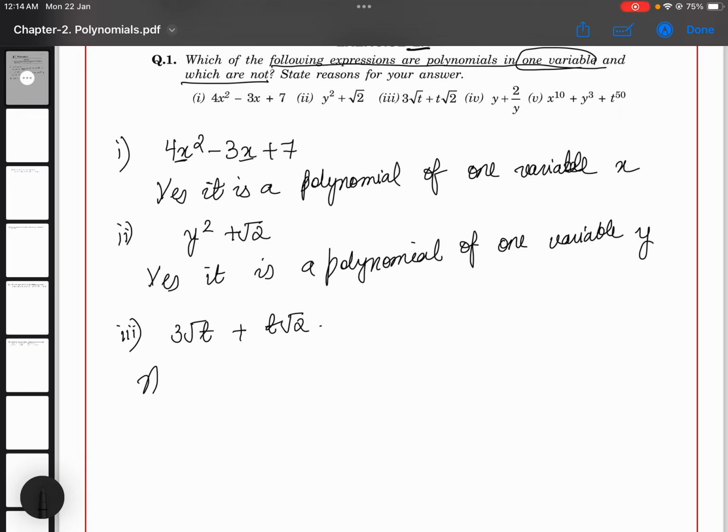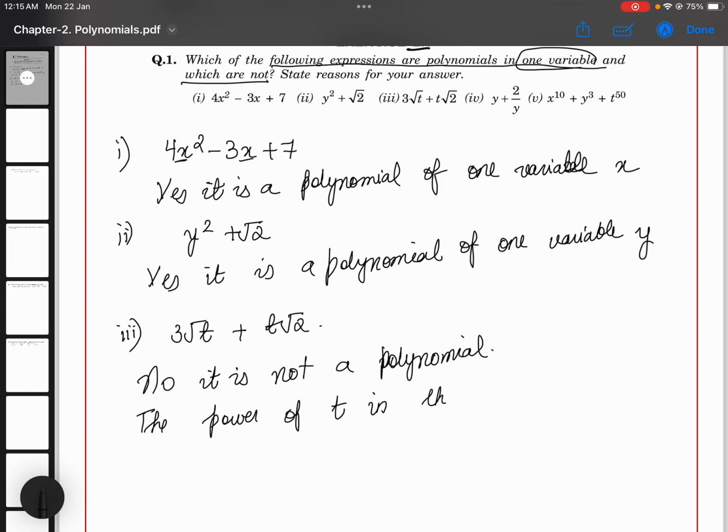Is this a polynomial? No, it is not a polynomial, because the power of t in the first term, remember this is the first term and this is the second term, okay, the power of t in the first term is half, because in the first term, what is t? It is root t, and t root t can be written as t to the power 1 by 2.